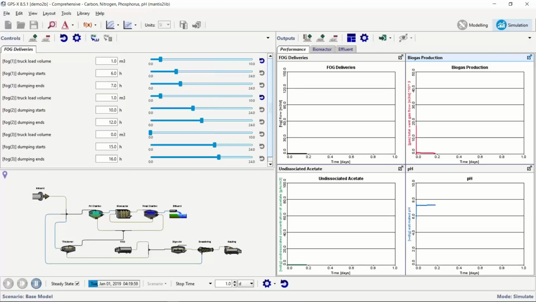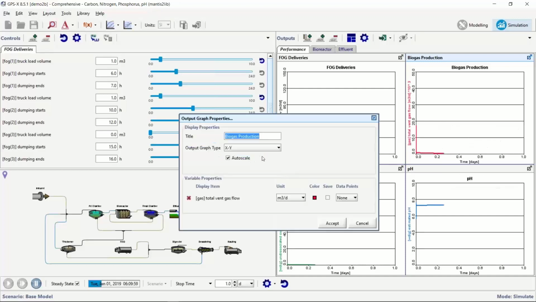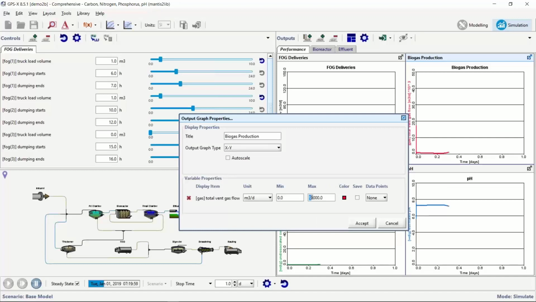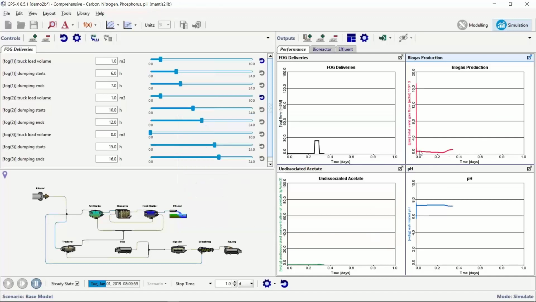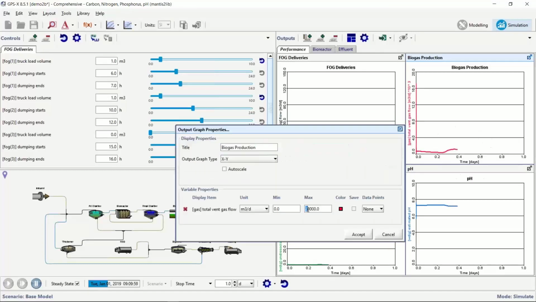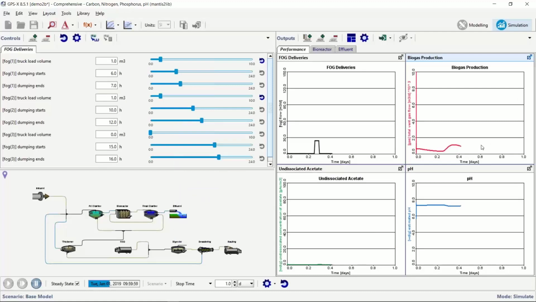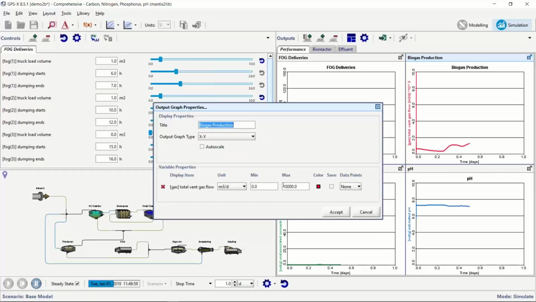So our pH is okay, and I've got an issue with the scale on this graph. Let me change that so we can see what's going on. There, okay, it auto-scaled on me.